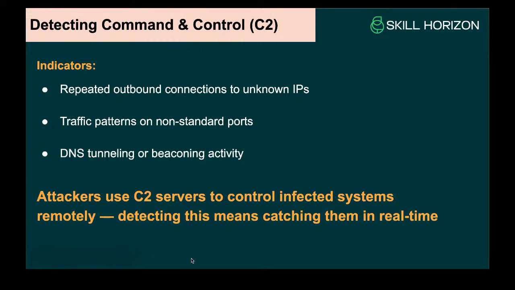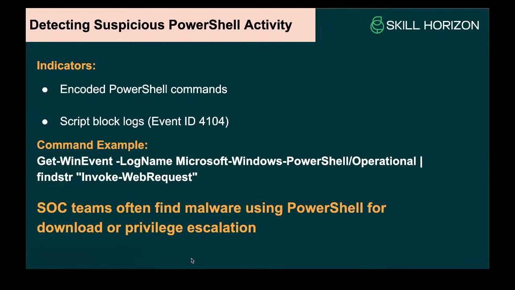Detecting this means catching them in real time. They are connected with your system and controlling your organization's infrastructure with the help of C2 servers. So if you see outbound connections to unknown IPs, non-standard ports, or DNS tunneling, then that might be the indication.